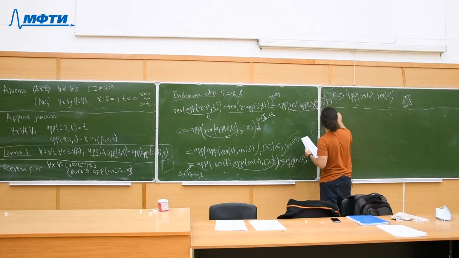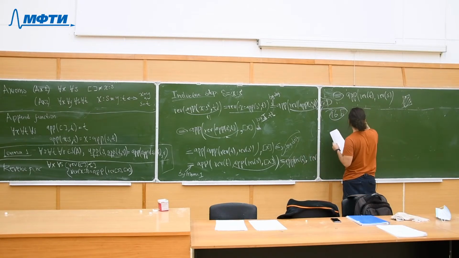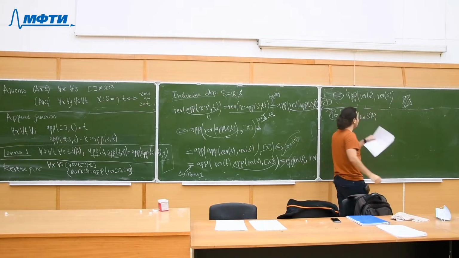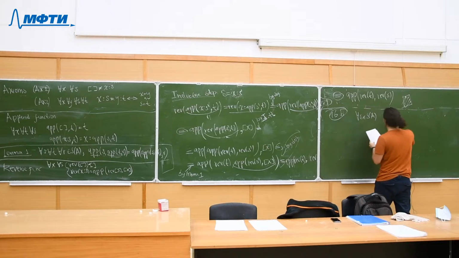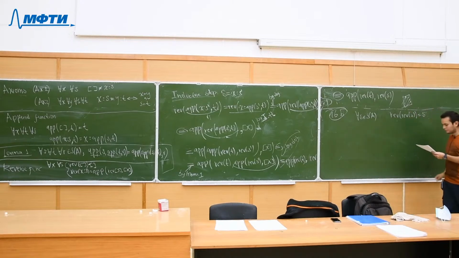So 16b. We have to prove that for all S, so for any string, the reverse function of the reverse function of S is equal to S. And this is clear.